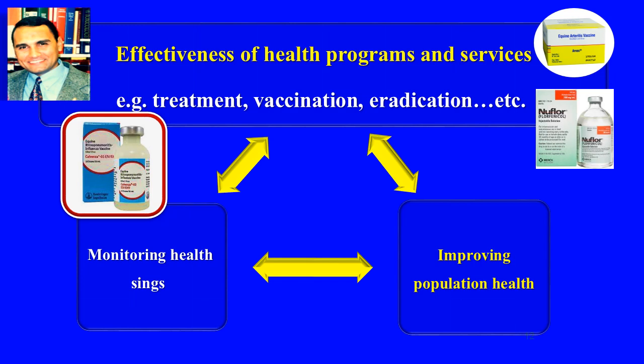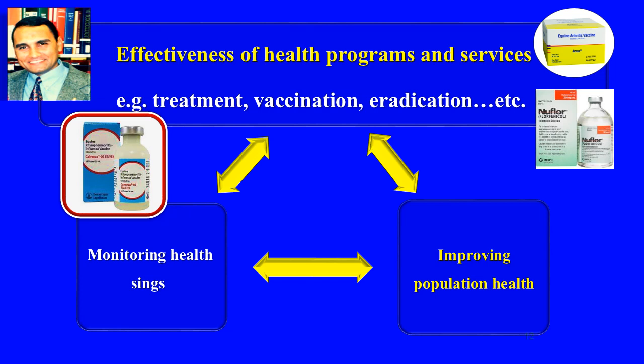Another example is searching for the effectiveness of health programs and services, using antibiotics in cases of equine influenza, such as Pamflor, as well as using vaccination against equine influenza, with eradication of severely diseased cases.